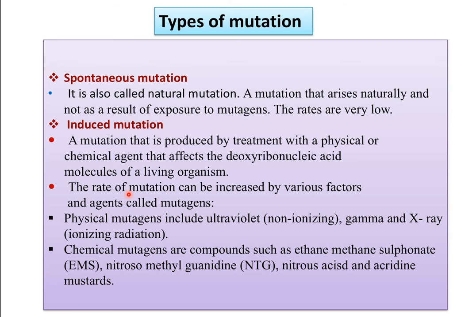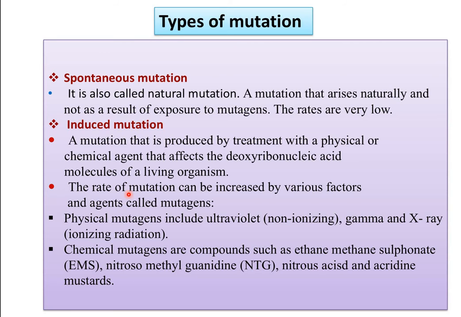Now talking about the types of mutation. Talking about the spontaneous mutation. These spontaneous mutations are known as natural mutations, and it is a mutation that arises naturally and not as a result of exposure to mutagens.